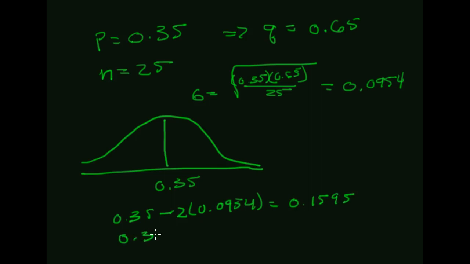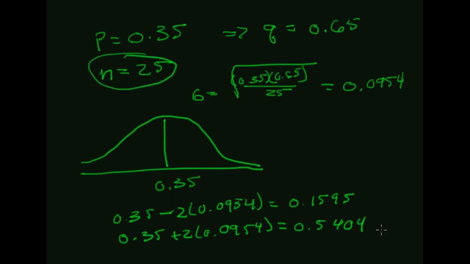And if I take 0.35 plus 2 times 0.0954, I end up with 0.5404, which means that if I take a sample of size 25 from this population, I should find that between about 15.95, so about 16%, and 54.04, 54% of the people will say that the country's heading in the right direction.